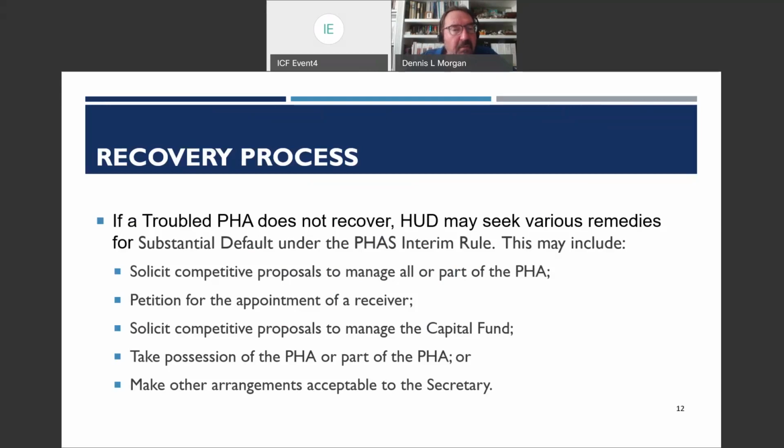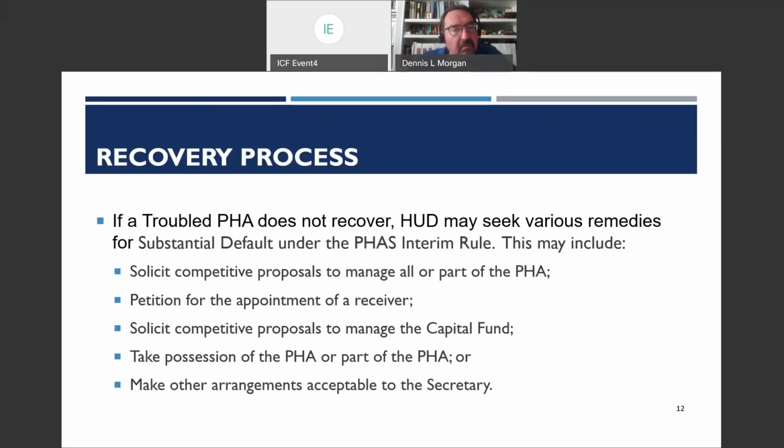They might also solicit proposals. If I'm a CAP troubled agency, they solicit proposals to manage the CAP fund, or take possession of all or part of the PHA. Now, those aren't the first lines, but I have seen it happen, where HUD can come in and take over that entire housing operation as well.